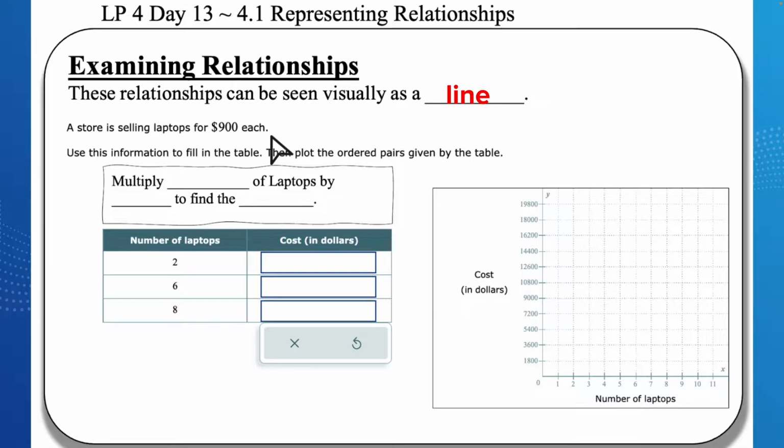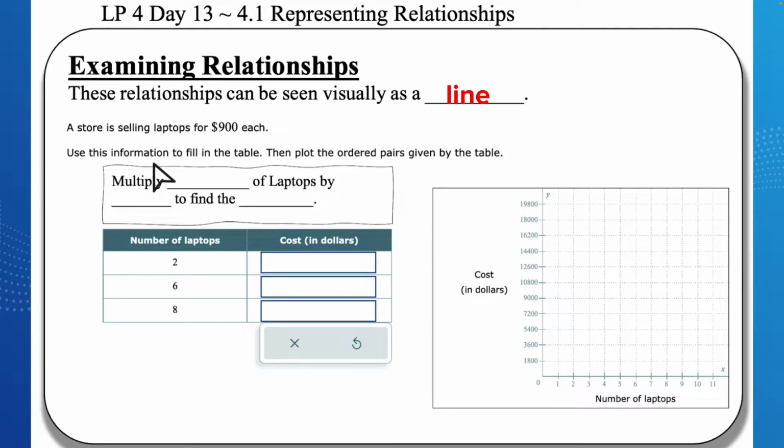If a store is selling laptops for $900 each and they don't sell any laptops, then they have $0. They haven't sold anything, so they start at 0. But if they sell 1 laptop, they've made $900. If they sell 2 laptops, they've made $1,800. So we can definitely make a table to represent this information.